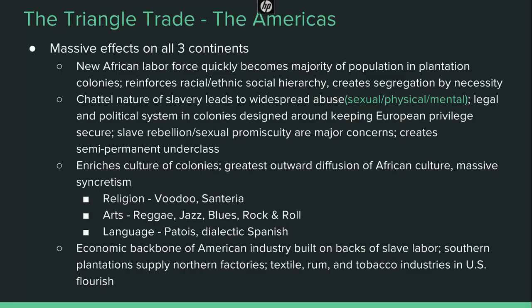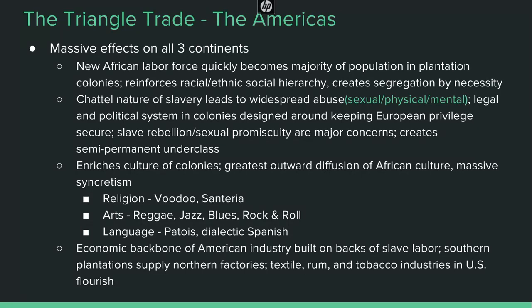Now, of all of the trade networks and the trade goods that we've talked about in this unit, the slave trade, the triangle trade, is by far the most impactful because you are dealing with trade in human beings. So, this is not simply a good or a product that people are using to improve food or to build wealth.